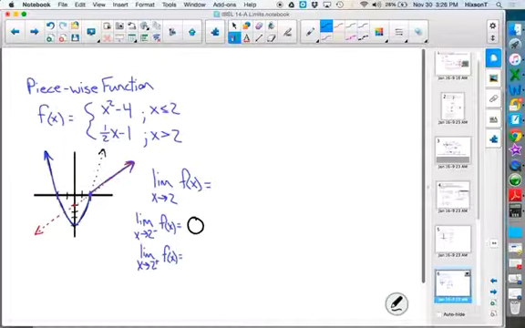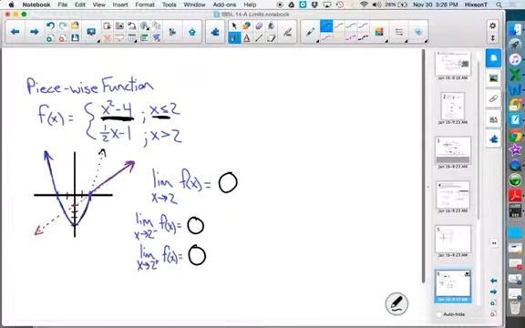The limit as we approach 2 from the right is 0. So the limit as x approaches 2 is 0. That's the same thing we would have gotten if we had plugged in 2. It's in this range here, so we would have plugged it in there. 2 squared minus 4 is 0. Okay, we could have just evaluated that.